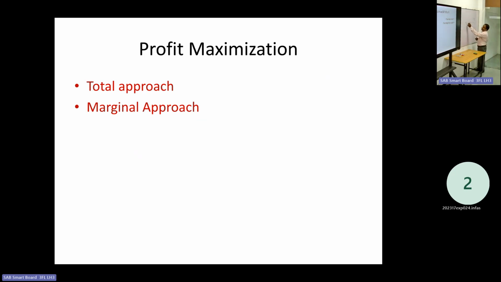So in this total approach, we take into account total revenue and total cost, and that also depends on output. And then the marginal approach.